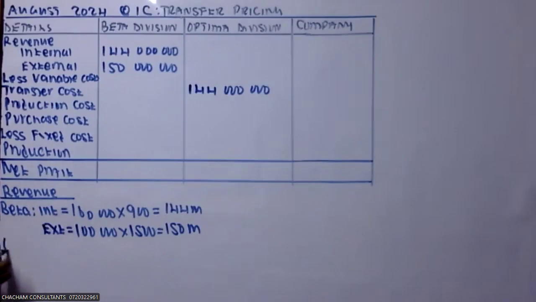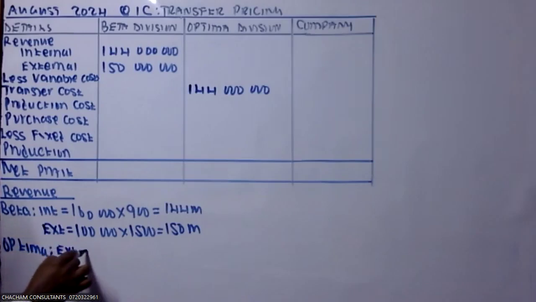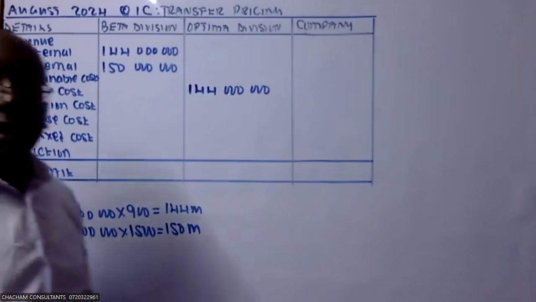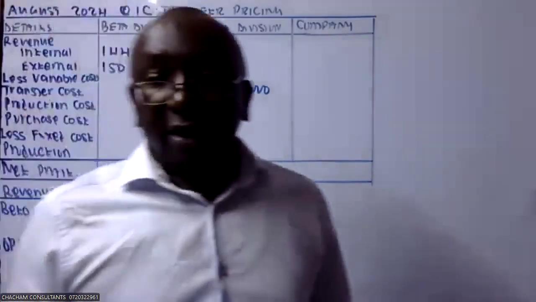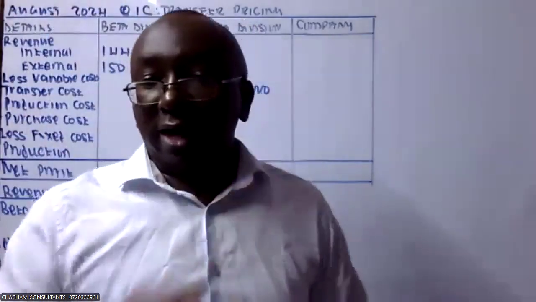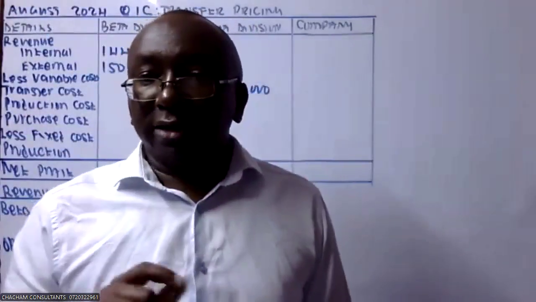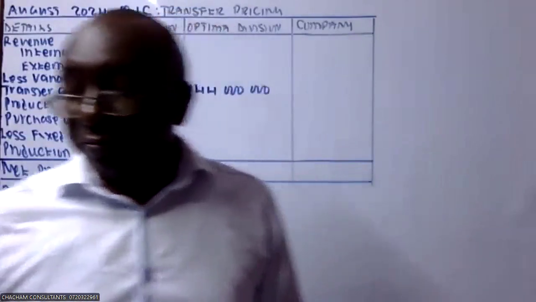Then we go to Optima. Now, Optima does not have internal. It only has the external. Because Optima is the receiver. Na ikishamaliza inauza to the external out. So it has no internal revenue.